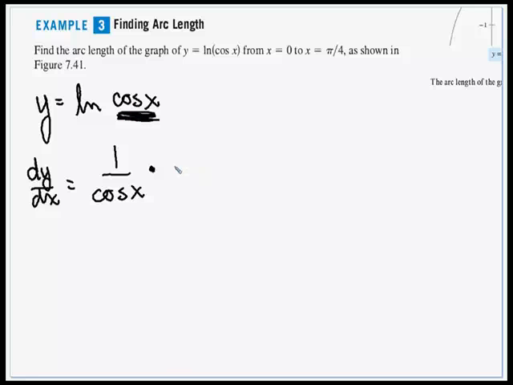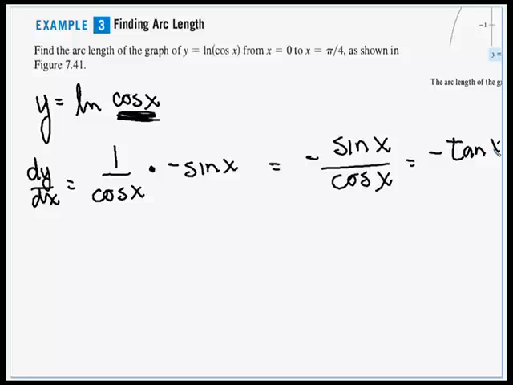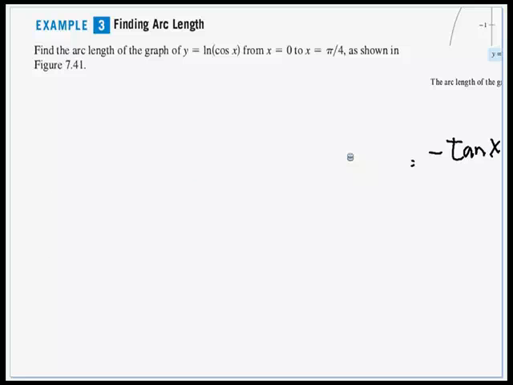The derivative of cosine is negative sine x. And we could combine that and get negative sine x over the cos of x, which is equal to the negative tangent of x, negative tan x. So dy dx equals negative tan x.